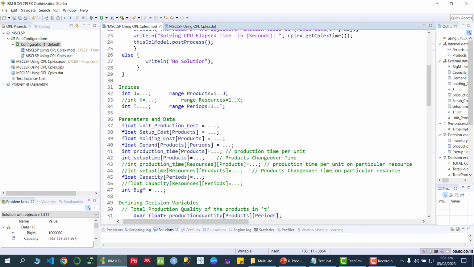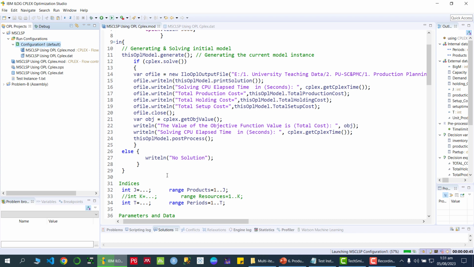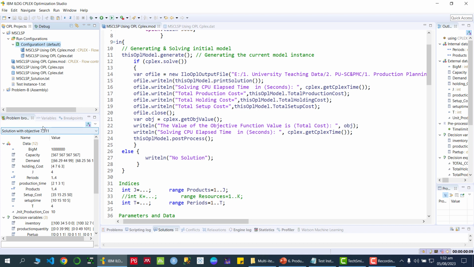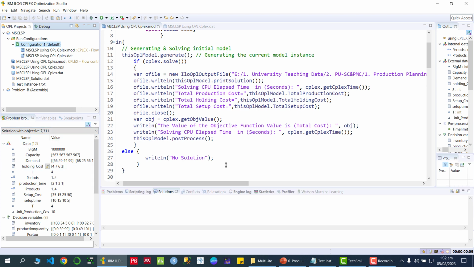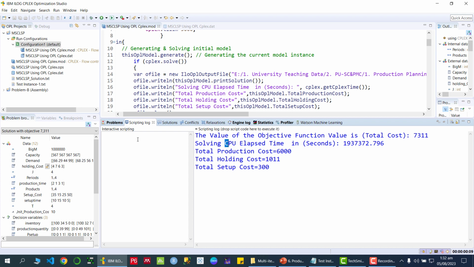So now if I run this one, you can see it is taking some time. So over here I can see the results. You can also check that we are getting this answer in the script log.